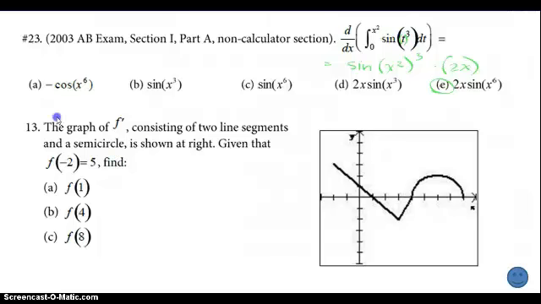All right, let's look at this last example. The graph of f prime consisting of 2 line segments and a semicircle is shown at the right. Given that f of 2 equals 5, find first f of 1, then f of 4, then f of 8. This is my attempt to show you that we're dealing with an accumulation function.